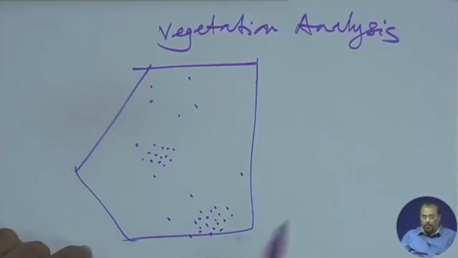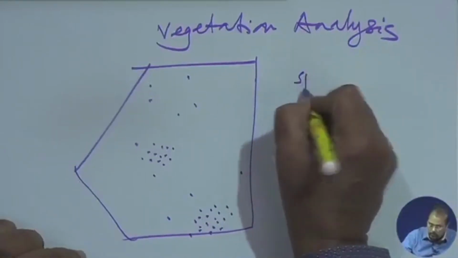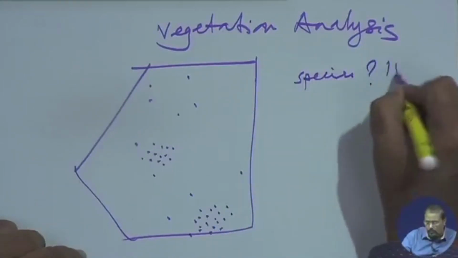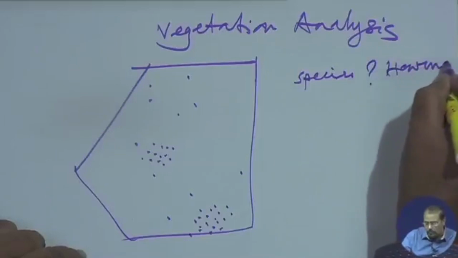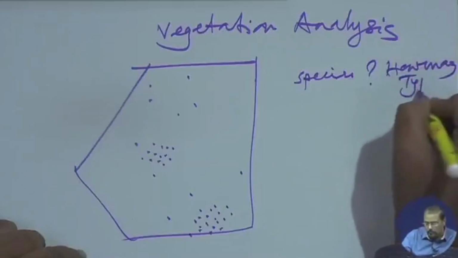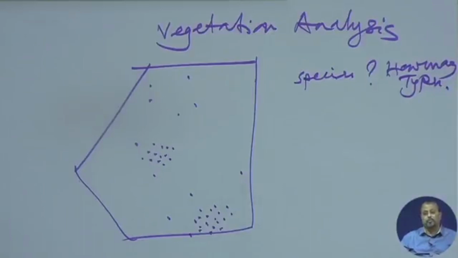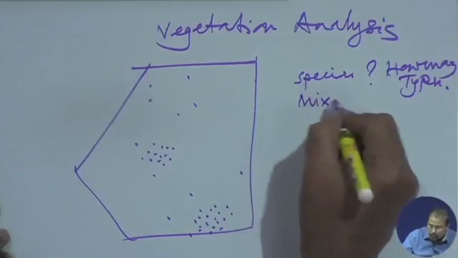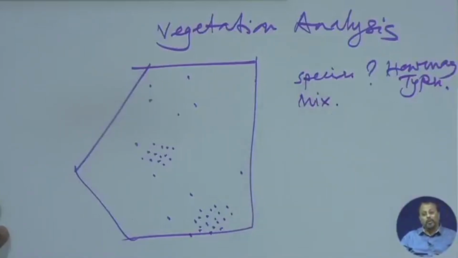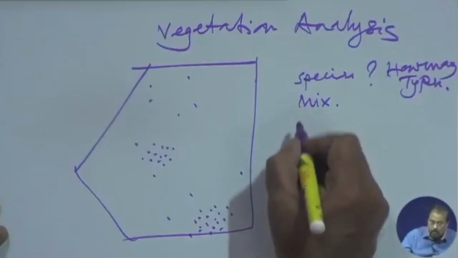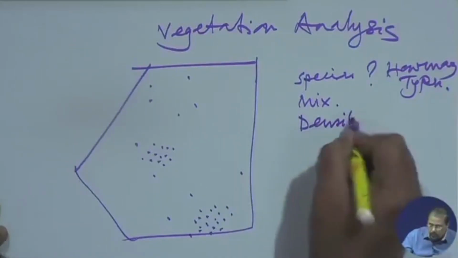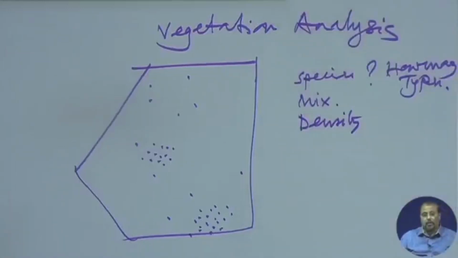What you are trying to find out: what are the species? How many types of species are there? That you try to find out. If there are more than one, then what is the mix, that means what is the proportion of the mix? How are they clustered? Then how is the density? How are they placed?